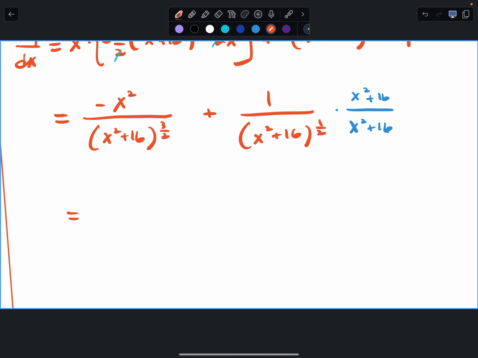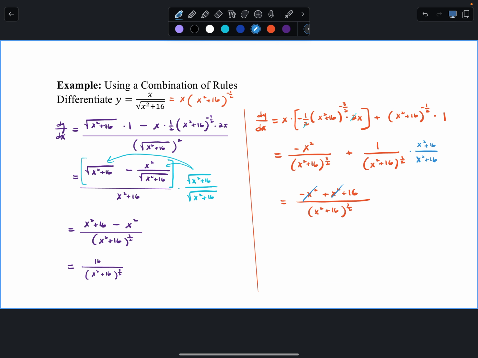You could. I'm just trying to show that it's the same thing, because Max wasn't confident that his derivative from product rule was the same as what I had. So you'd have negative x squared plus 16 over x squared plus 16 to the 3/2. So we can see that the x squareds would cancel. And they're actually the same. Yay.